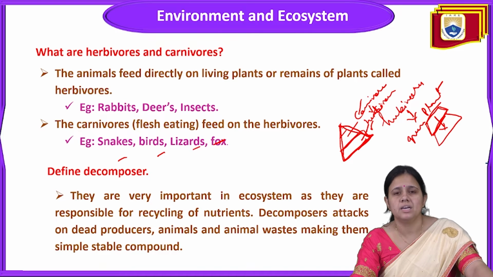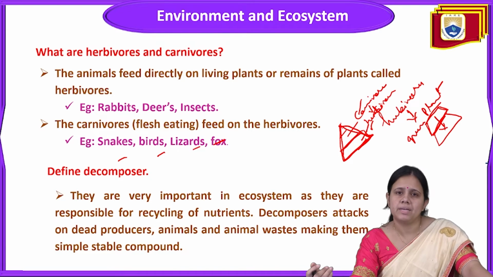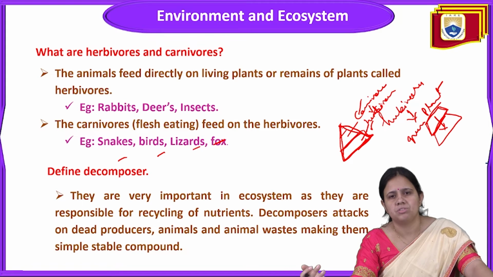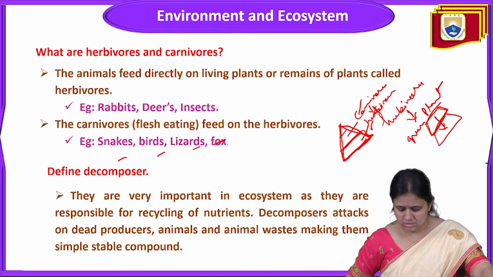They bring out the important nutrients present in any producer or consumer that is already dead, and make them available again for the producer, and then the recycling of nutrients starts in that trophic system. So this is about the decomposers.